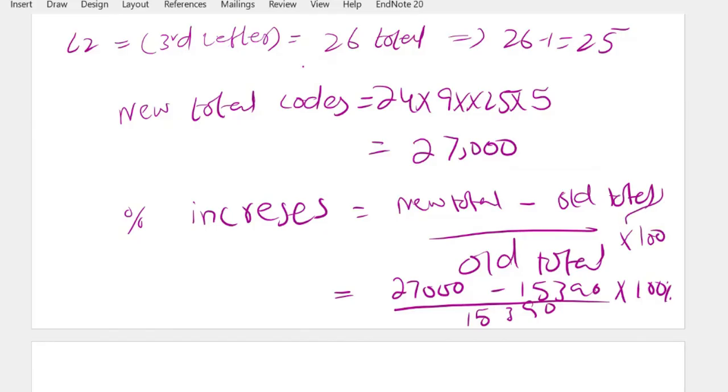Okay, so we have to subtract them, then divide, and then multiply by 100. So let's do it.